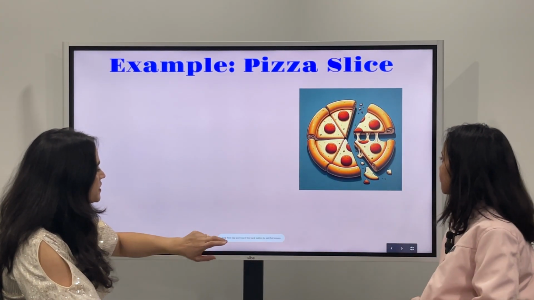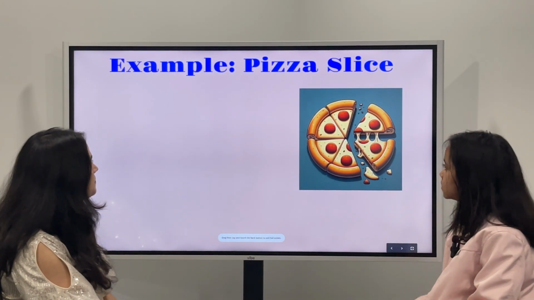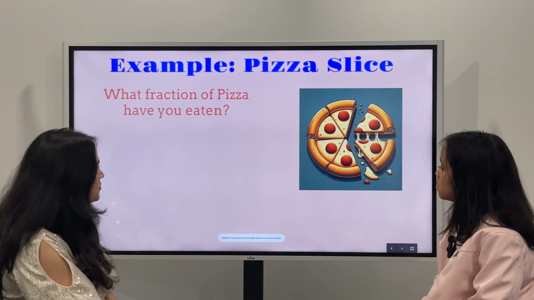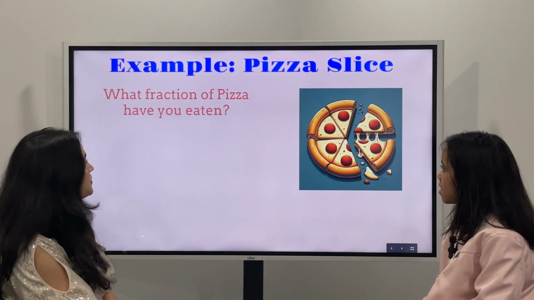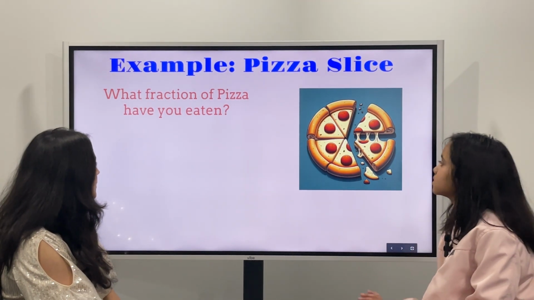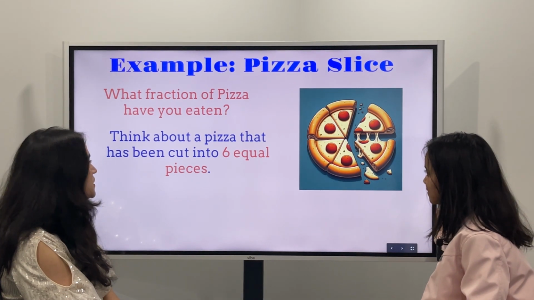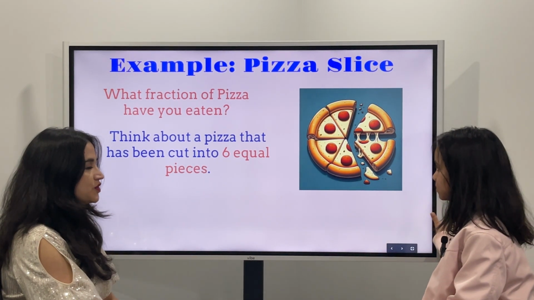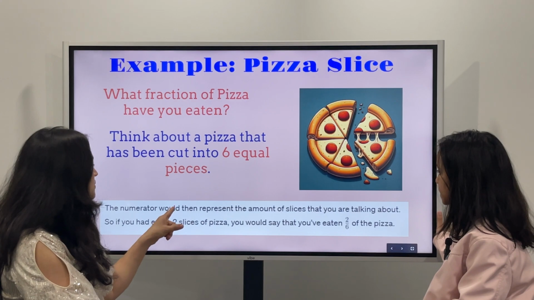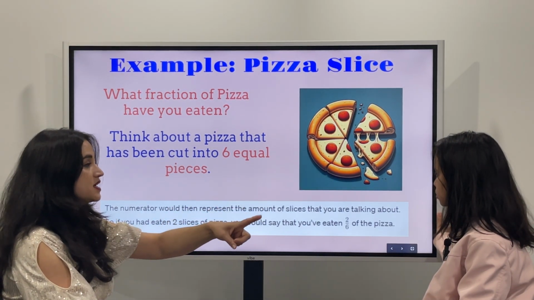Good explanation. Go back please, one more time. What fraction of pizza have you eaten? Okay, think about a pizza that has been equally cut into pieces. So the numerator represents the amount of slices that you are taking about.